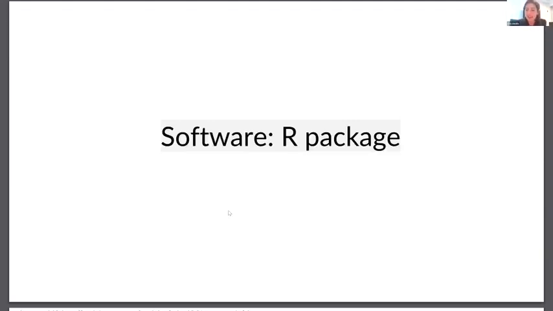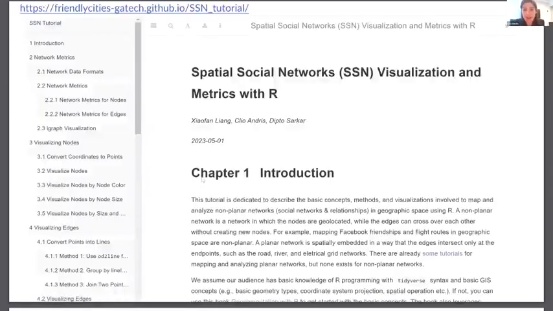Now in the time I have left, I wanted to show you some really exciting software: a new R package that we're working on, and new open source web-based software as well. The first is an R package, developed mostly by Xiaofan Liang. There should be a link in the chat, hopefully, or we can give it to you later, where you can access all of these things because they're live online.